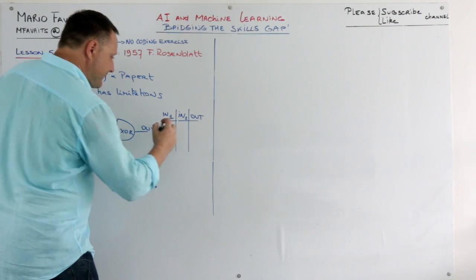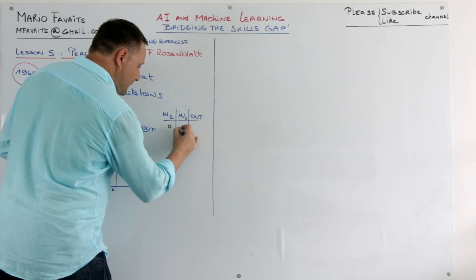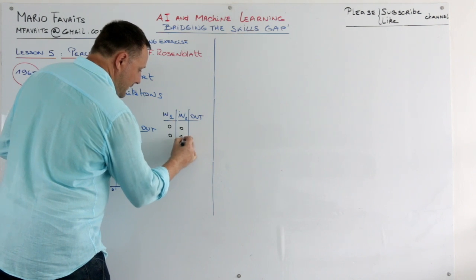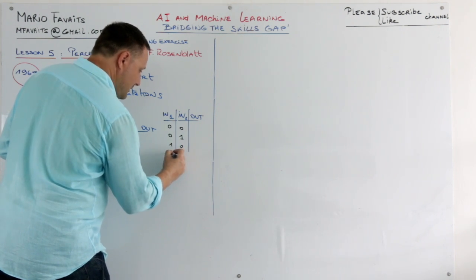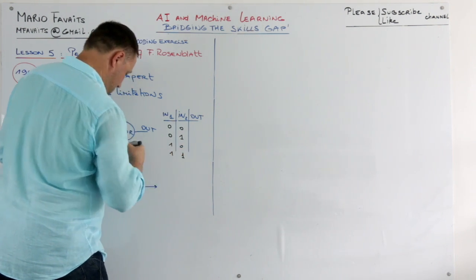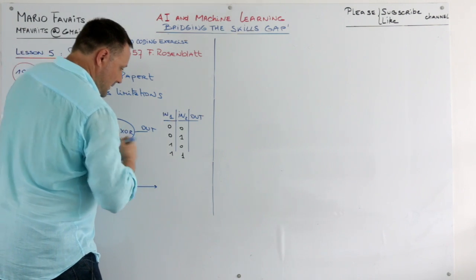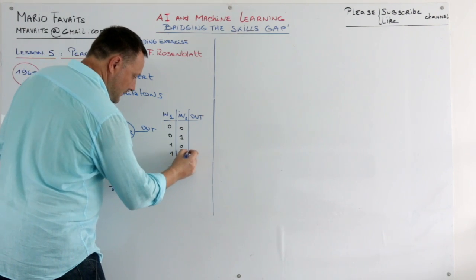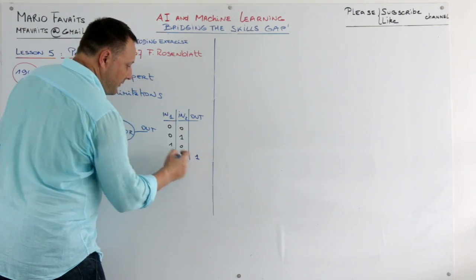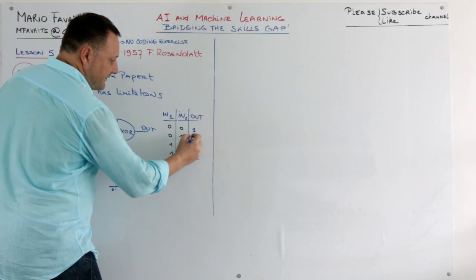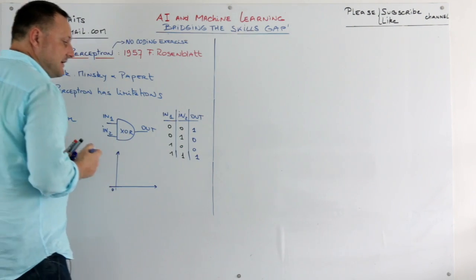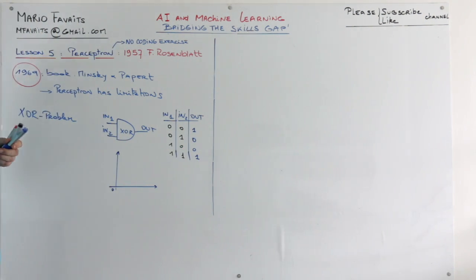If we have 0,0, 0,1, 1,0, and 1,1, and we look at the output, it is 1 only when the inputs differ. The other cases are 0. This is how we define this logical gate.